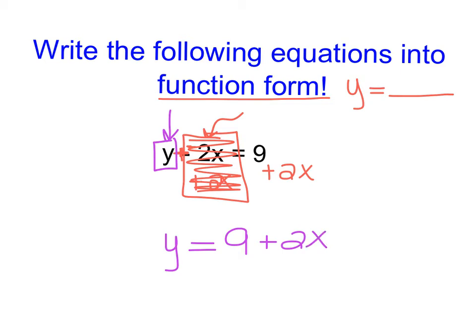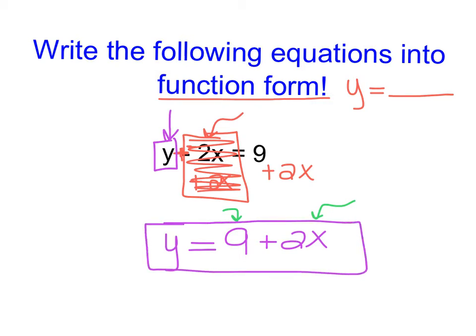And then when I look, I notice that 9 does not contain an x, but this 2x does. Because of that, they're not alike terms, so I leave them as is, and my equation, rewritten in function form, is y equals 9 plus 2x.